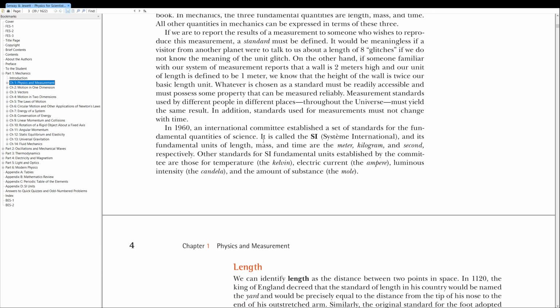So we use what's called the SI, System International, I guess Système International. It's French. The SI system is the universal standard that we use for measurement. And you might have heard that the Americans are using inches and feet and stuff like that. It's not actually true. The inch is defined to be 2.54 centimeters exactly, right?